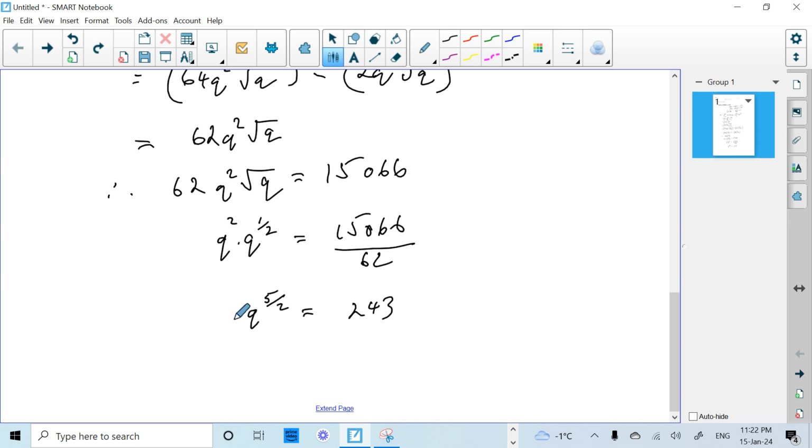That's good because that tells me that q, because I can just reverse that, is 243 to the 2 over 5. And therefore q is equal to 9.